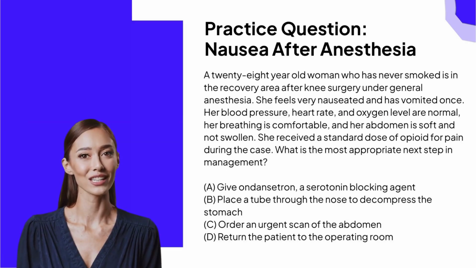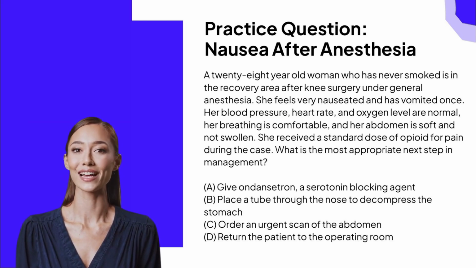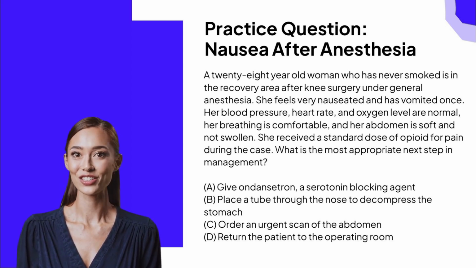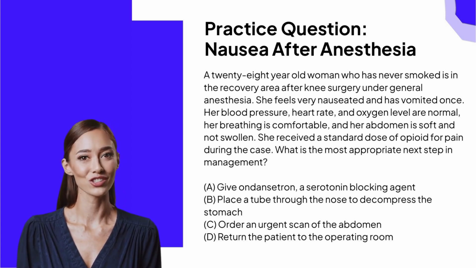Here is our second practice question, and this one is about nausea and vomiting after anesthesia. A 28-year-old woman who has never smoked is in the recovery area after knee surgery under general anesthesia. She feels very nauseated and has vomited once. Notice the reassuring details. Her blood pressure, heart rate, and oxygen are all normal.